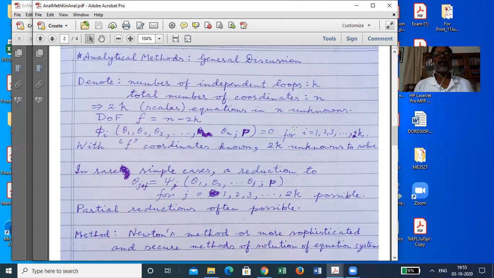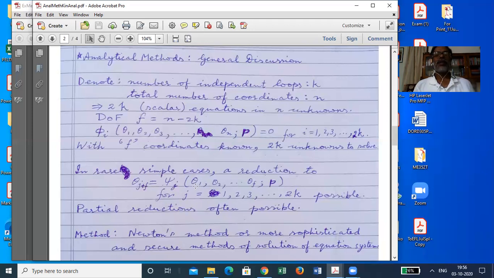A system of nonlinear equations. In the rare, very simple cases, you might be able to pick f of these variables suitably and express the other variables in terms of those basic f's. That is very simple, ultimately trivial cases. Suppose 2 degrees of freedom.